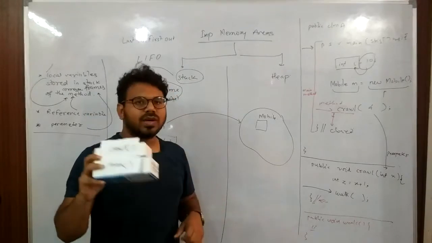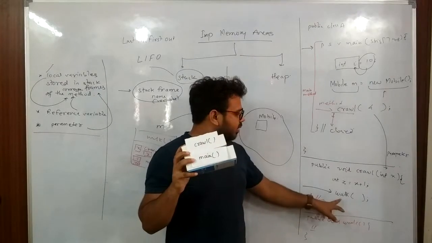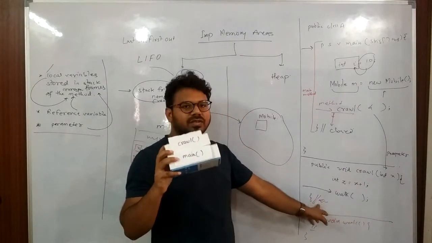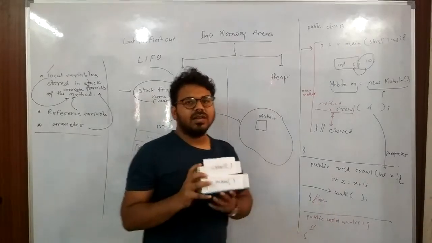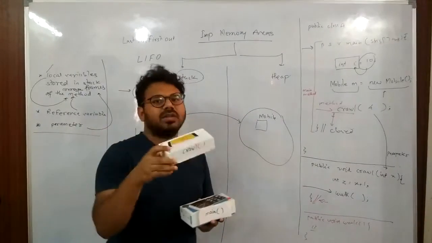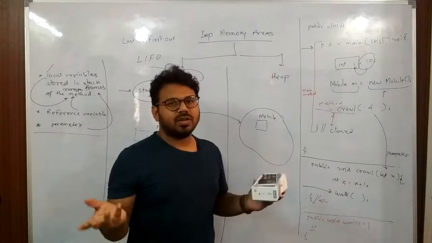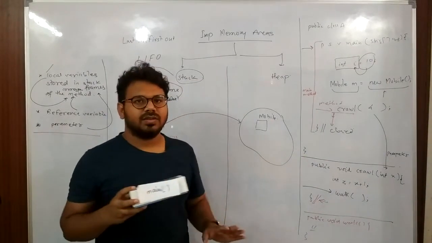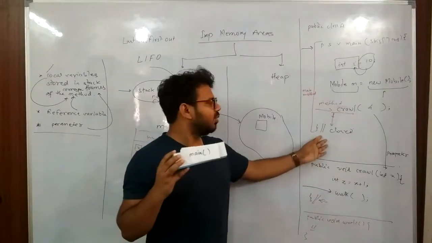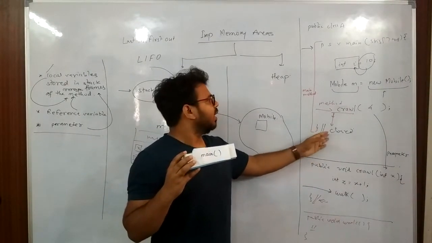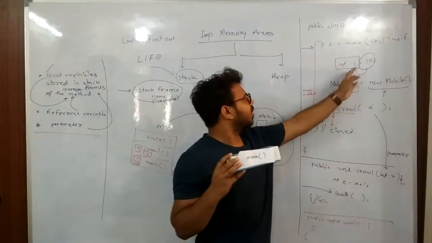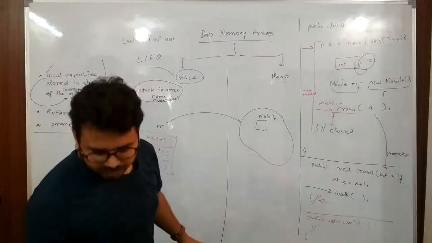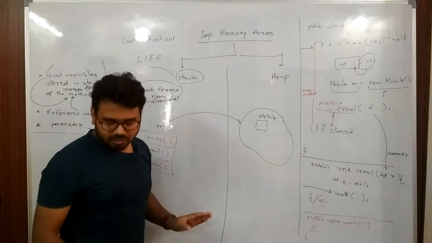Now the control reaches the crawl method, and when the crawl method finishes, the stack frame of the crawl method is destroyed, and all the variables and reference variables it declared are destroyed. Now control reaches the main method, and all the reference variables and local variables are destroyed, and this whole stack frame is destroyed.